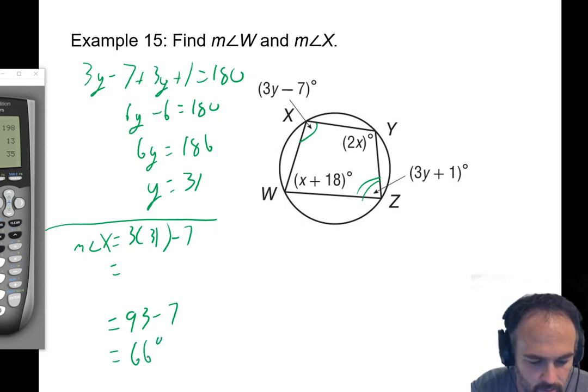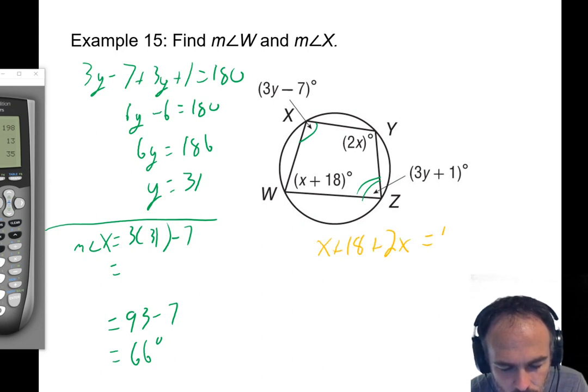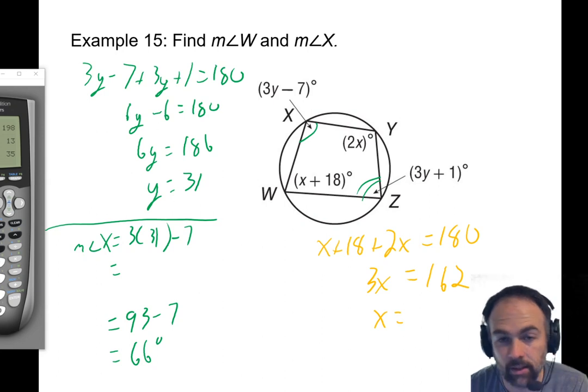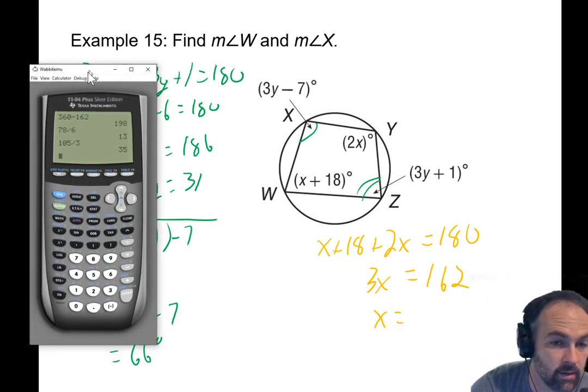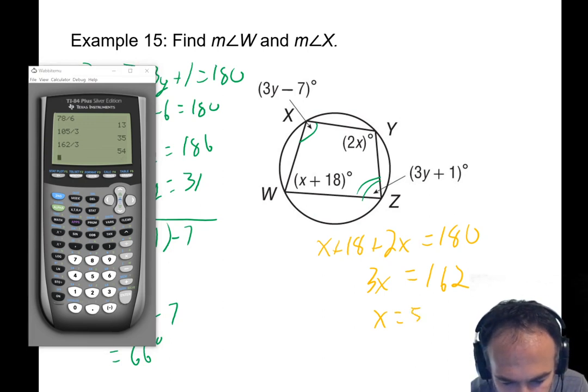Now, we know that, again, w and y are going to be supplementary. So x plus 18 plus 2x equals 180. Combine like terms gives me 3x. Subtract the 18 on both sides gives me 162. Divide through, and oh man, my mental math is failing me again. 162 divided by 3 is 54.